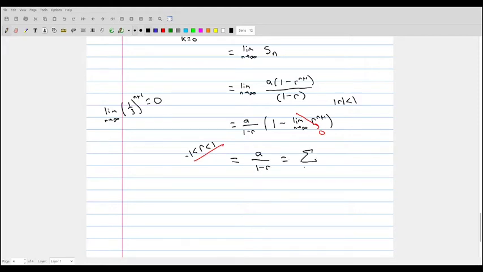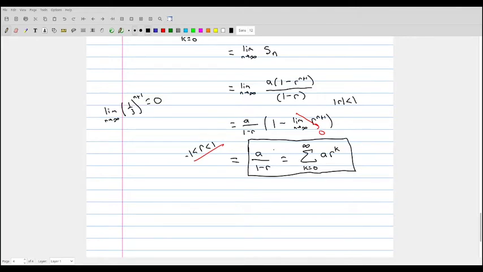So for any value of r in this interval, the infinite geometric series converges to a over 1 minus r. And you might also ask, why couldn't r be equal to 1? The main problem here is that we're dividing by 1 minus r.